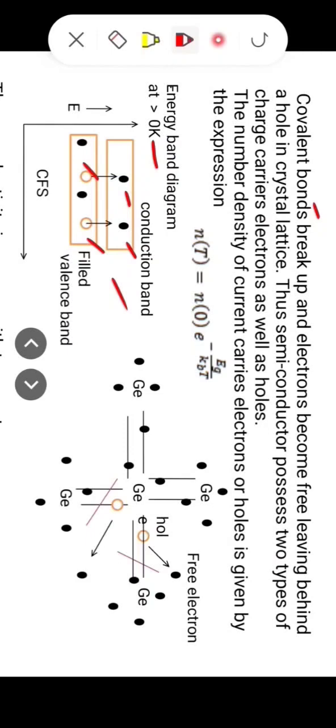Covalent bonds break up at temperature more than 0 Kelvin and electrons become free, leaving behind a hole in the crystal lattice. The semiconductor possesses 2 types of charge carriers, electrons as well as holes. The number density of current carriers, electrons or holes, is given by the expression Nt is equal to N0 into e raised to power minus Eg by kBT.